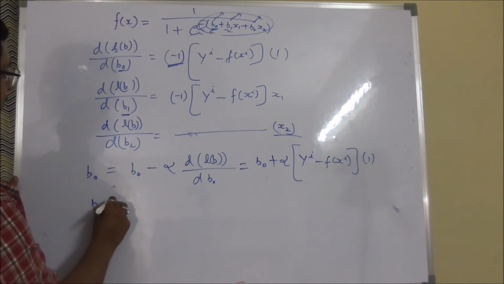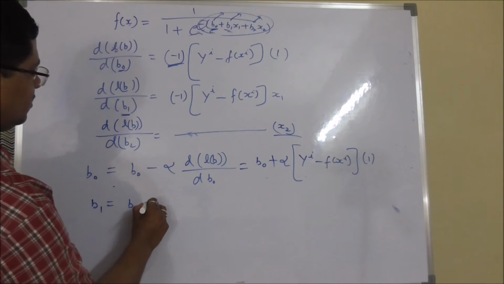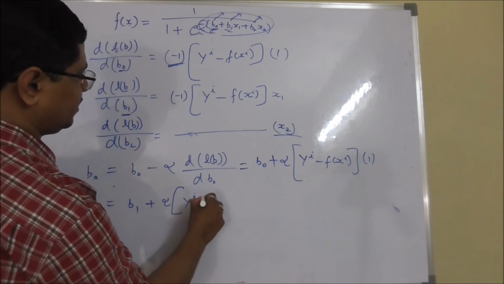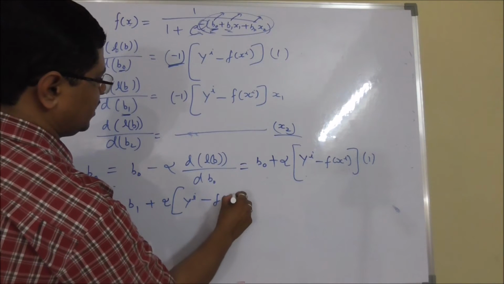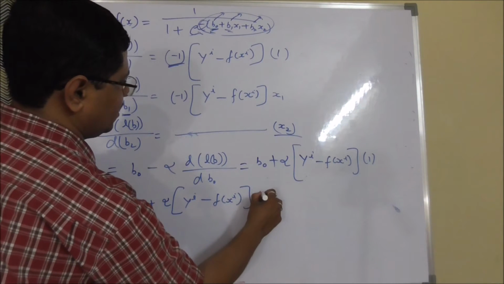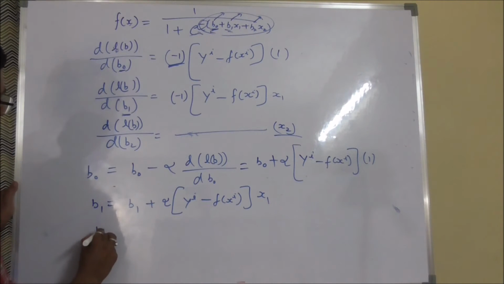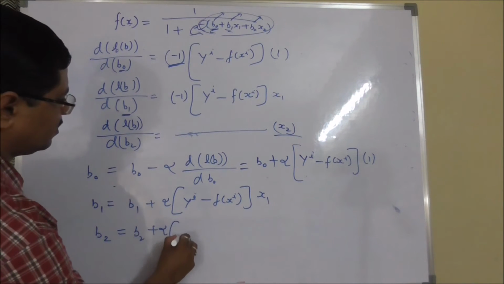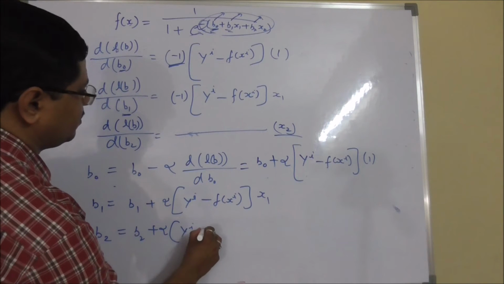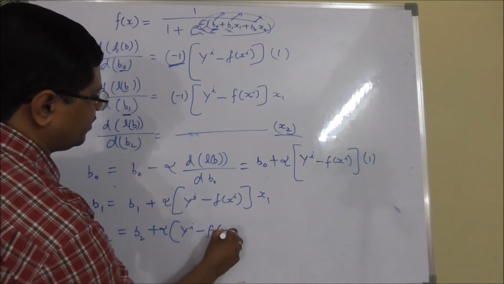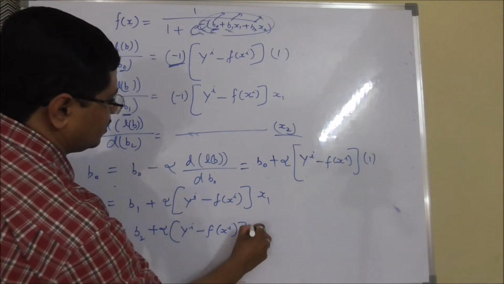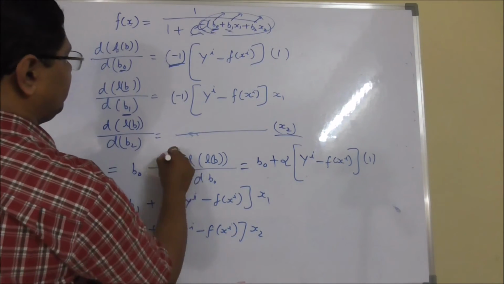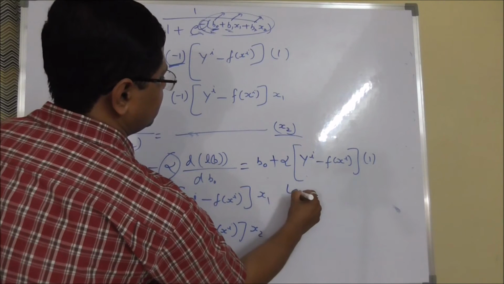Similarly, b1 will be equal to b1 plus alpha times (yi minus f(xi)) times x1, and b2 will be equal to b2 plus alpha times (yi minus f(xi)) times x2, and so on. Here alpha is a learning rate.